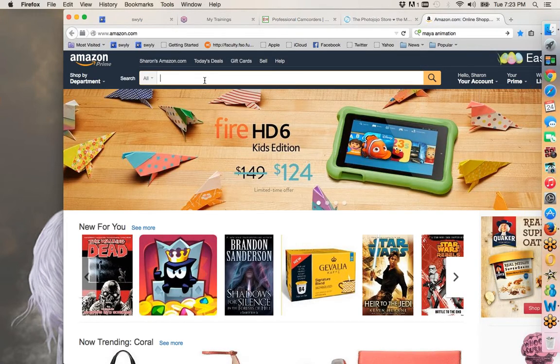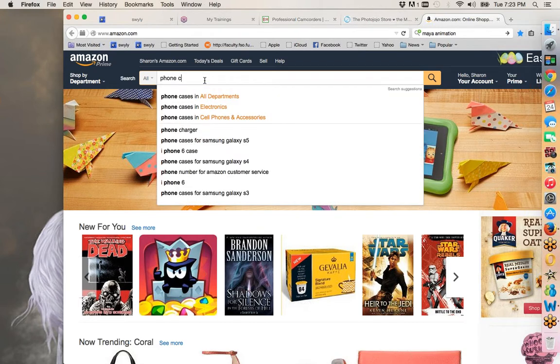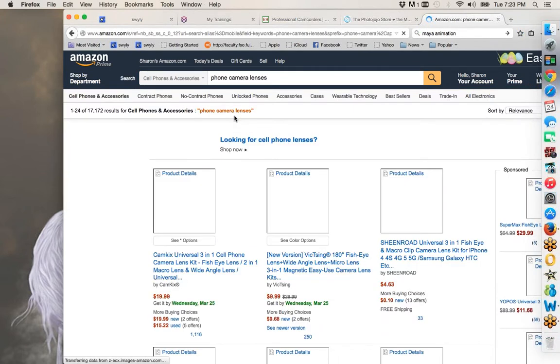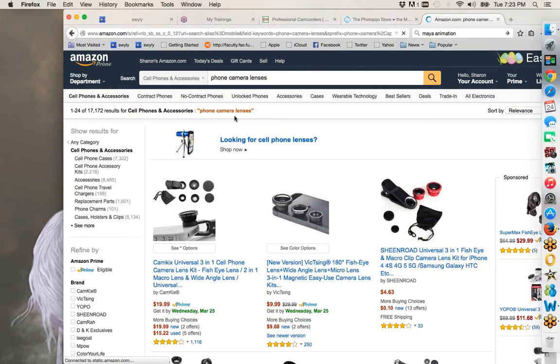Amazingly enough, let's try it again. Cell phones are getting better and better cameras in them.